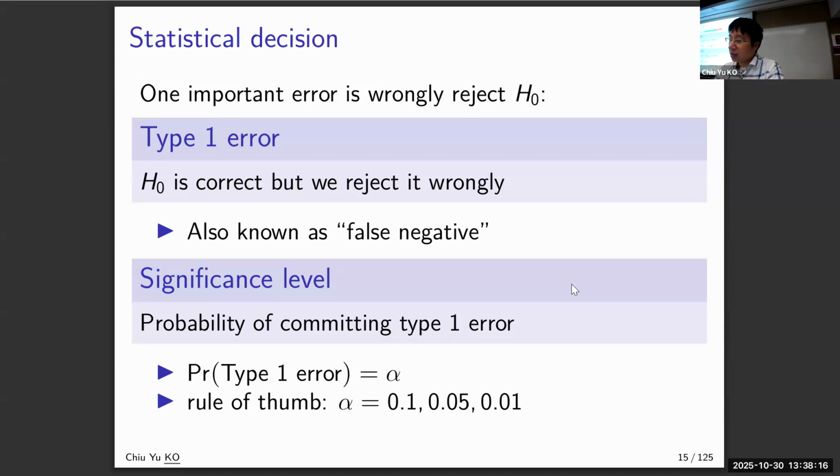We decide how much error we can accept, and this type 1 error determines the rejection region and the acceptance region. Because by luck, the sample mean can be very small or very big. We have to decide ourselves what is the acceptable level of error.